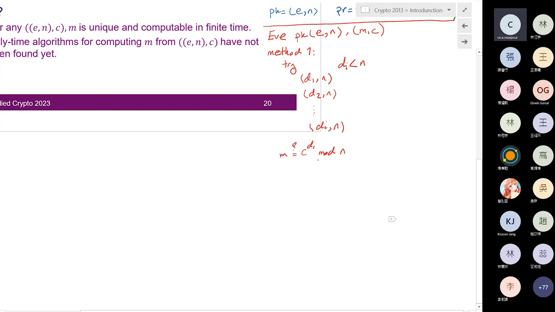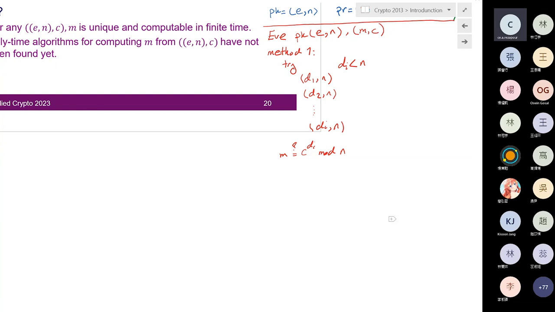As long as she is able to find a Di, one of these D's, such that when she raises C to the power Di and computes this modular operation, it returns M, then she knows that she has found the corresponding private key for this public key that is already published, E and N. So this is the first method that she can work through to see if she can break this idea.